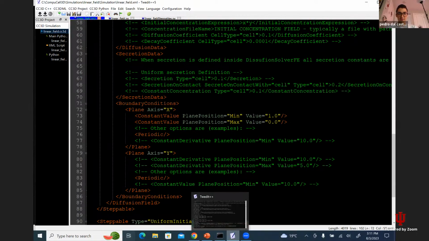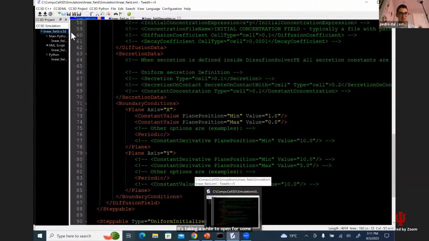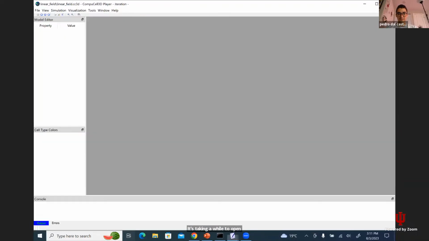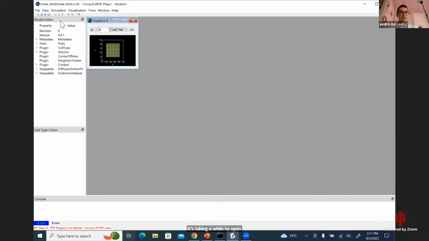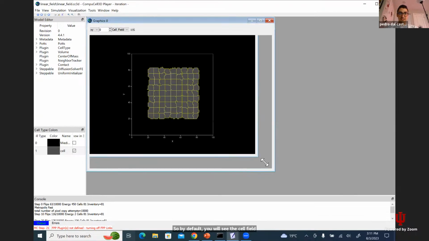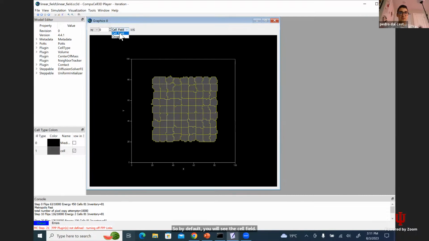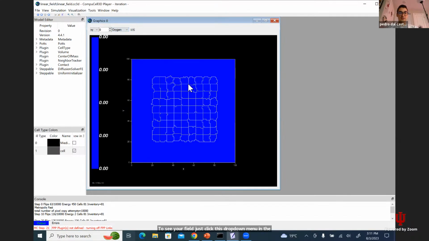It's taking a while to open for some reason. Yeah, it opened here. By default, you will see the cell field. To see your field, just click this drop-down menu in the window, click your field oxygen, and run.